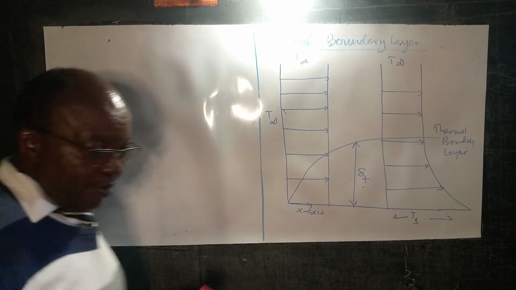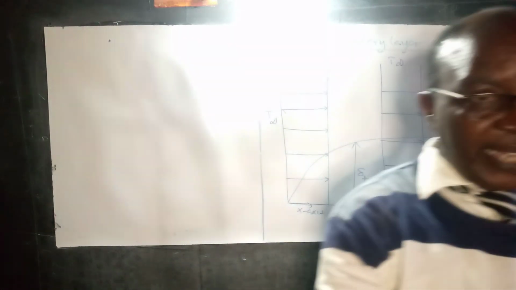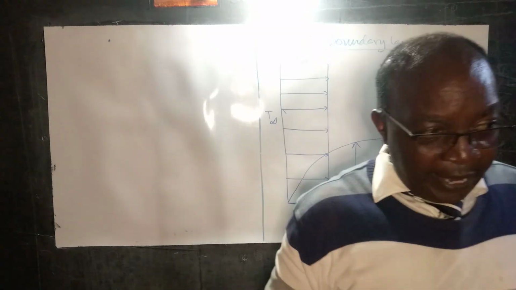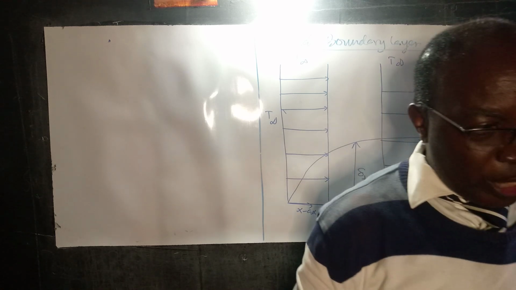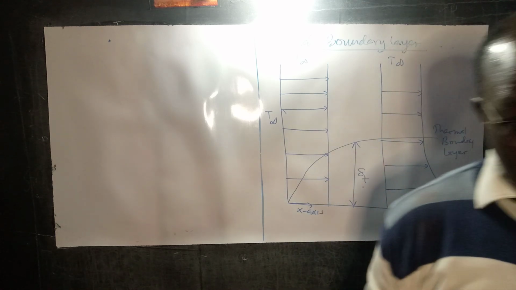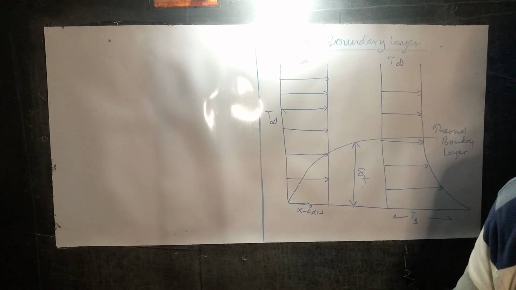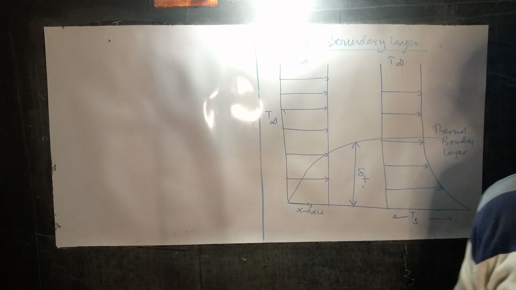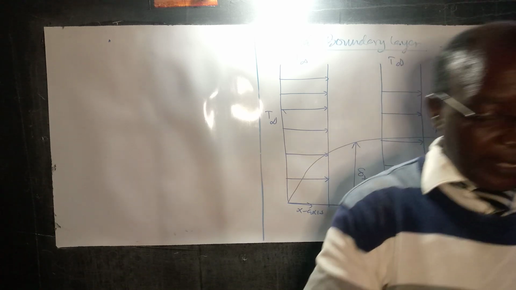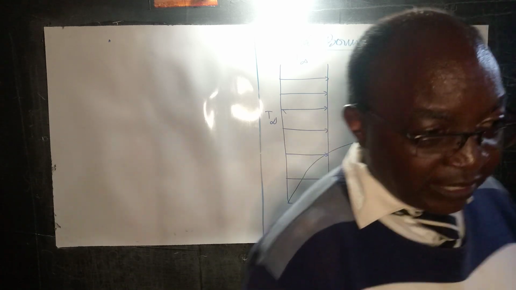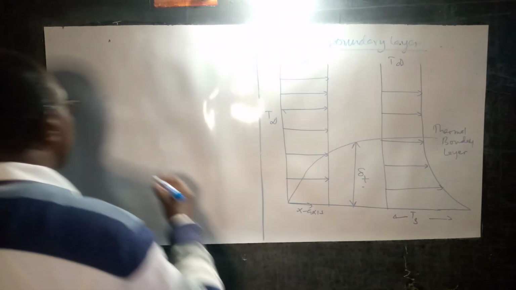We are saying that when we have the fluid flowing on that surface, as the fluid continues to move and the velocity picks up, there will be an increase in shear stress between the fluid and that solid surface.